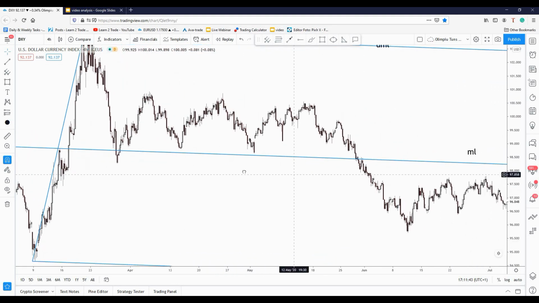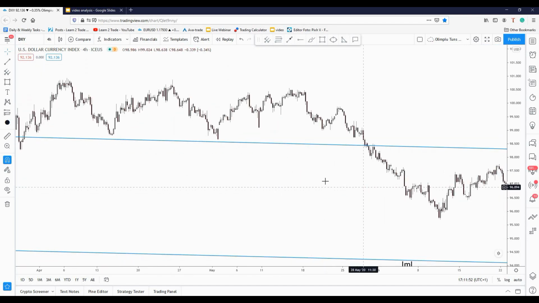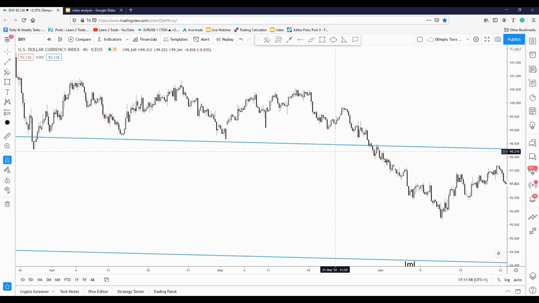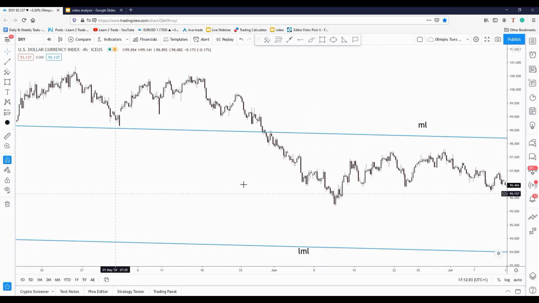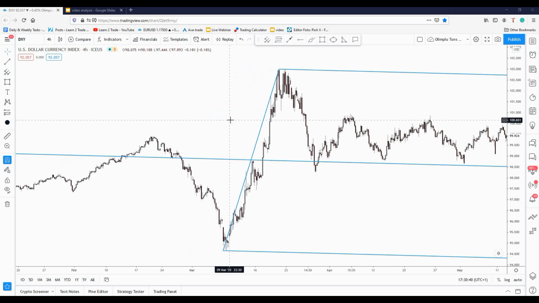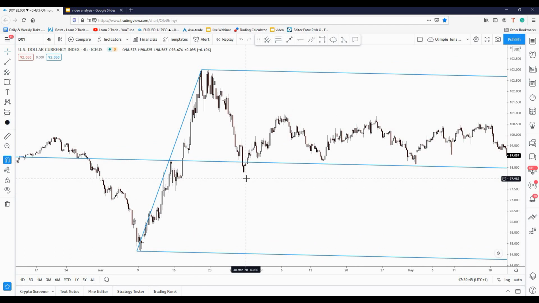And in the end, after this sideways movement above this support, the price has registered a valid breakdown through the medium line, drop, retest, a new lower low, then it has continued to decline within this descending pitchfork.